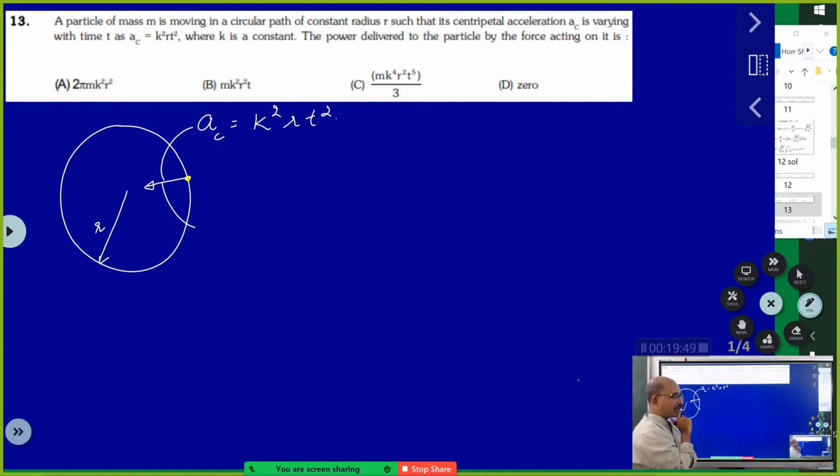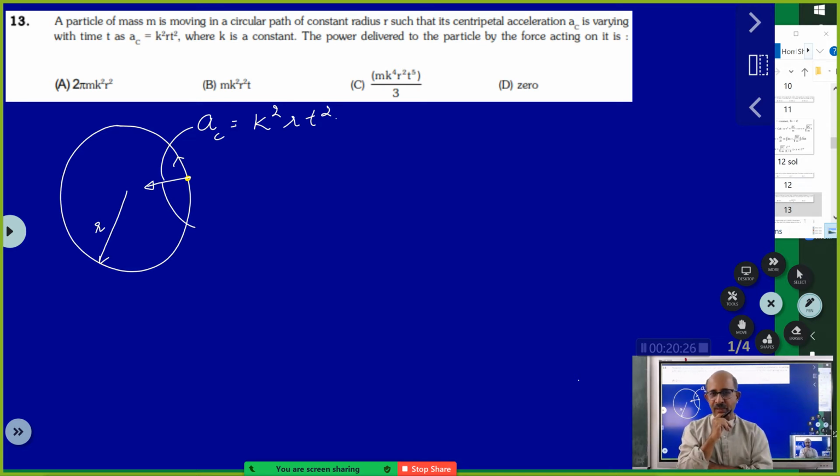Friends, what will be the power delivered if the body is moving with constant speed? If the particle was moving with constant speed, then what is the power delivered? 0, isn't it? Yes, it is 0. But if the particle is moving with variable velocity, then do you need external power?